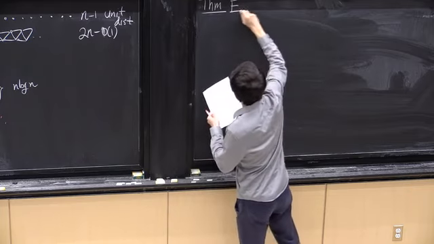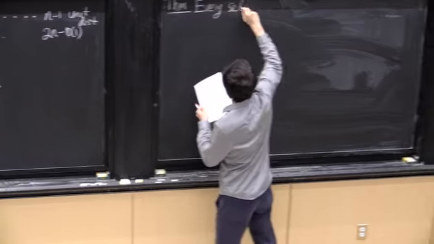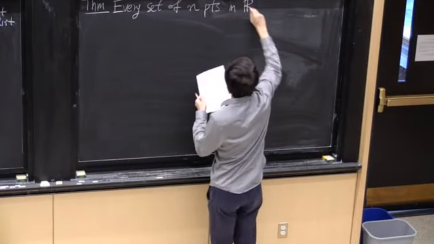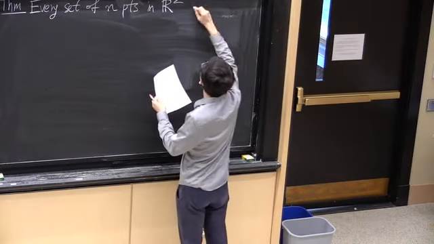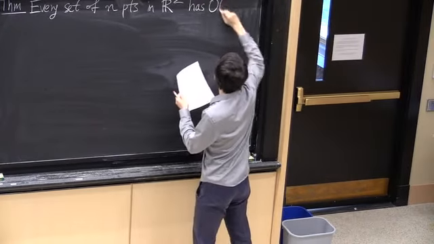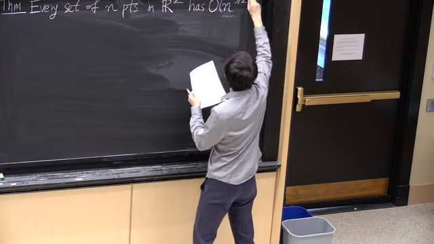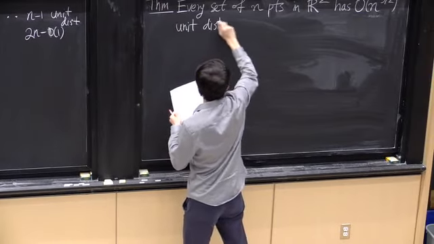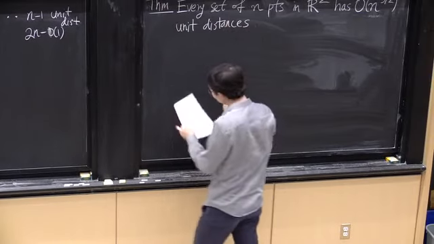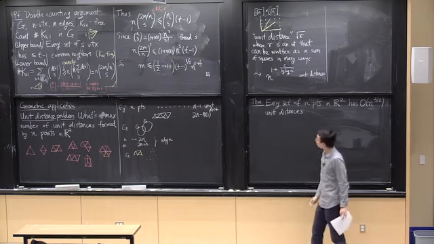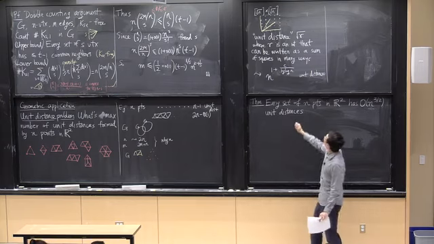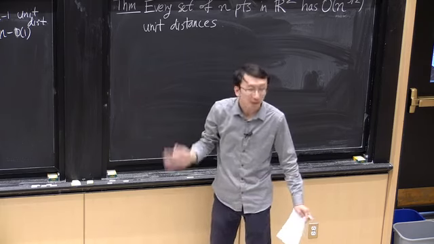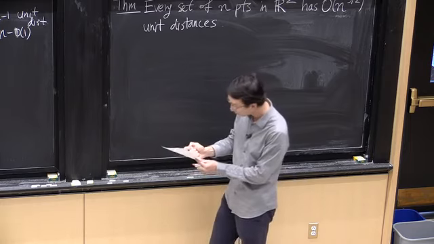That every set of n points in the plane has at most on the order of n to the 3/2 unit distances. So not quite this bound, but it's some bound, right? So the trivial upper bound is n choose 2.